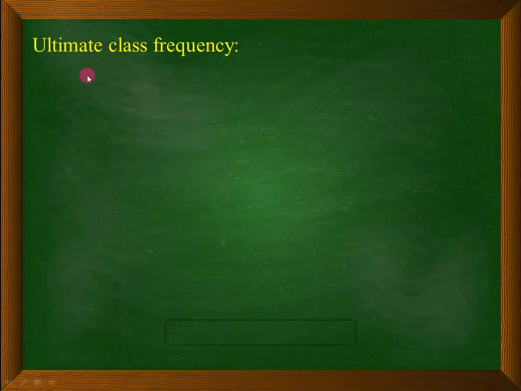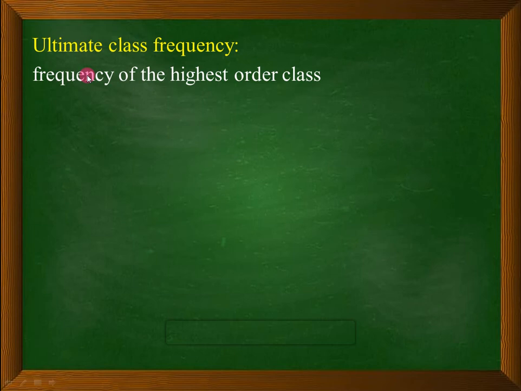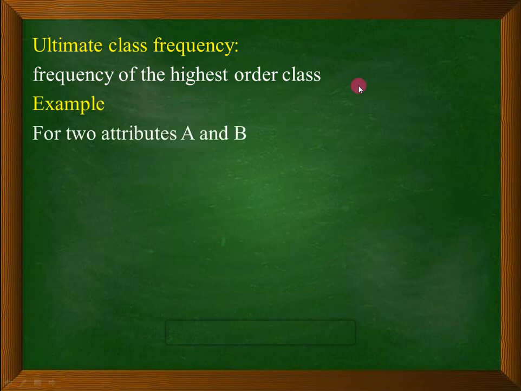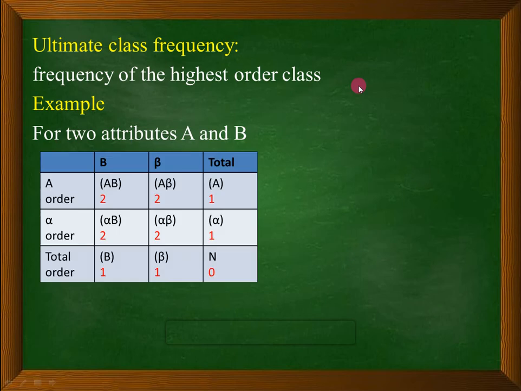Ultimate class frequency. Ultimate class frequency is the frequency of the highest order class. For example, suppose there are 2 attributes A and B, each at level 2, then we denote this in a tabular form. This is attribute A, its absence is alpha, attribute B, beta.